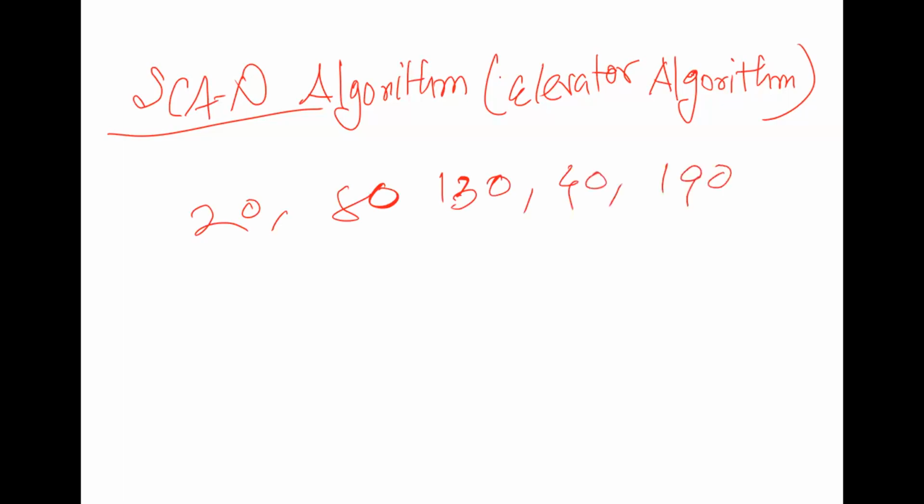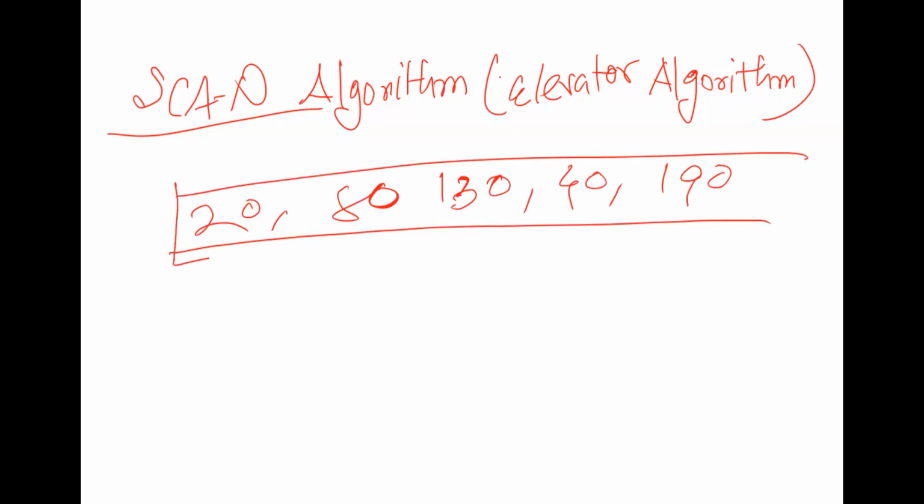Okay, this kind of request you receive. This kind of request means that you need to read the data from track number 20, then track 80, also 130, 40, and 190.